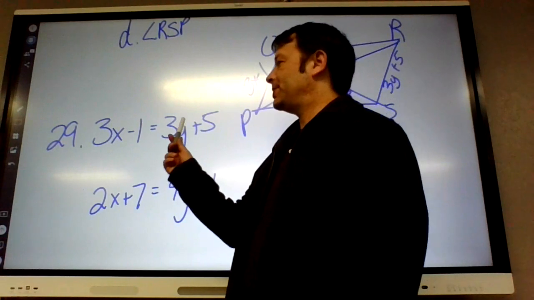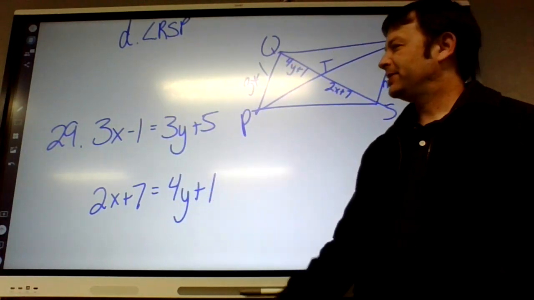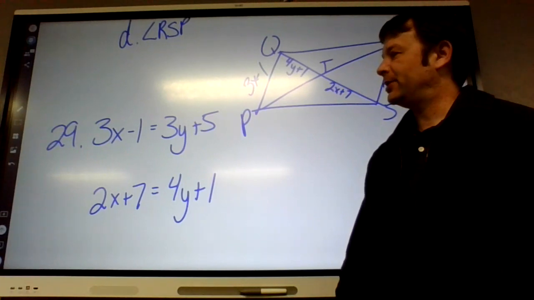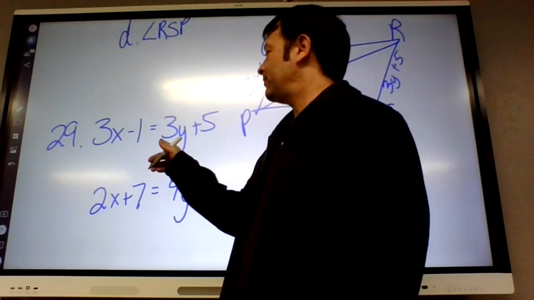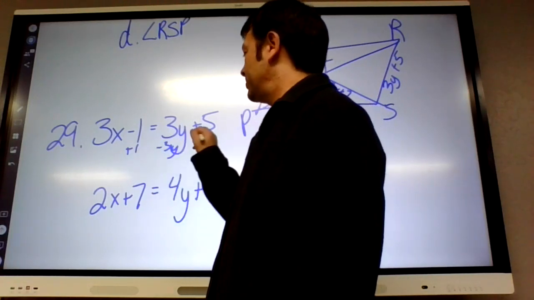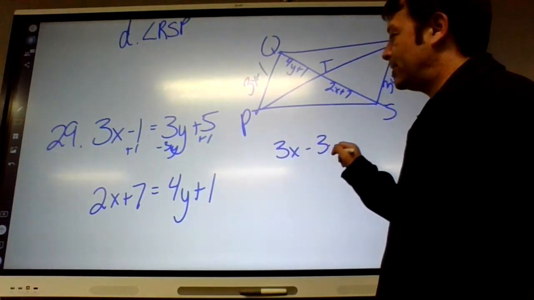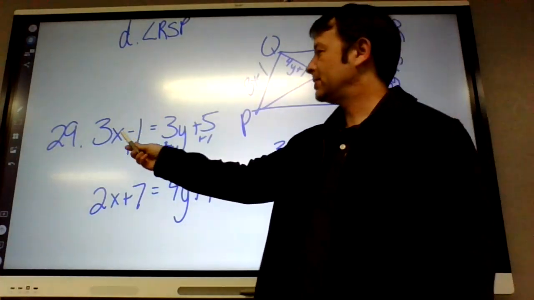One of the challenges with elimination here is that stuff isn't lined up very well, so I would change it to standard form. I would subtract 3y over to this side and add the 1 to the other side. So it'd be 3x minus 3y equals 6. You see where I got that?